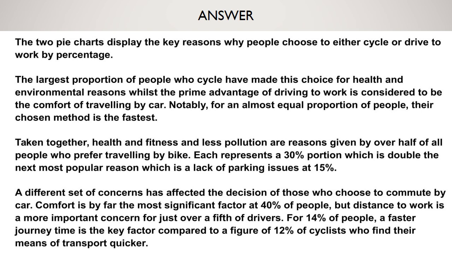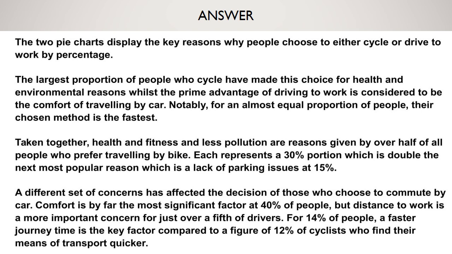A different set of concerns has affected the decision of those who choose to commute by car. Comfort is by far the most significant factor at 40% of people. But distance to work is a major important concern for just over a fifth of drivers.